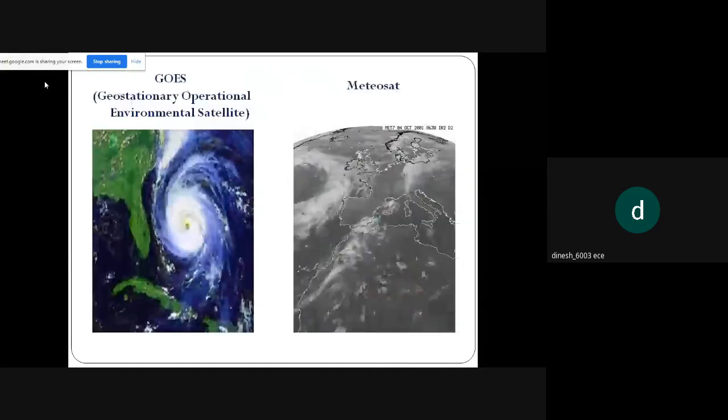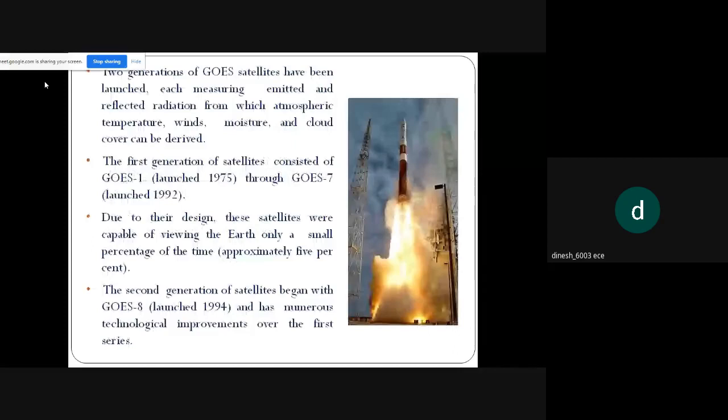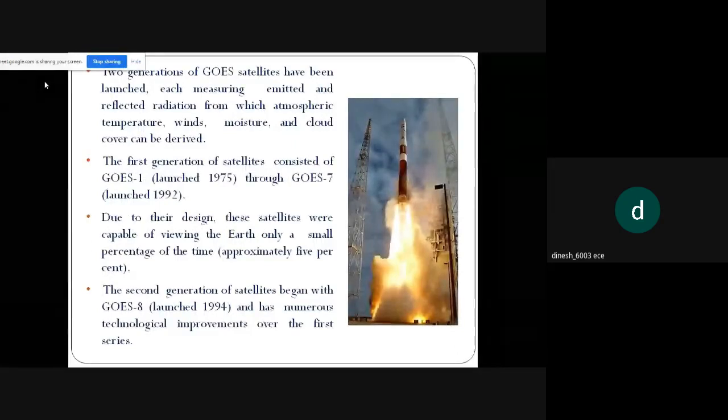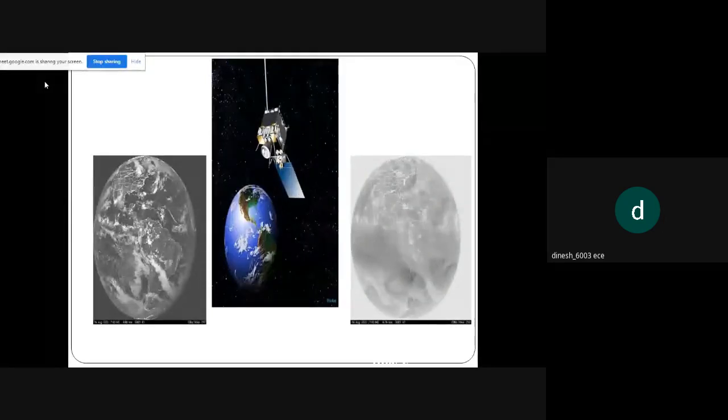The drawbacks in the first generation were overcome in the second, where mostly 80% was being covered. You can see the coverage of North America and South America by these satellites. The satellite was deployed in space for covering both.